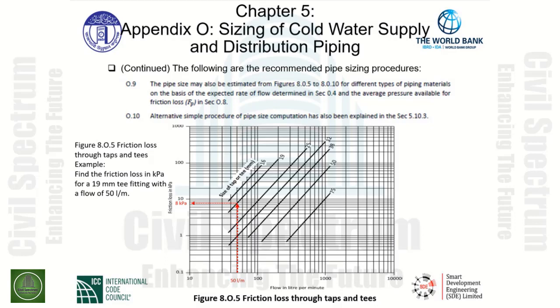Now, this particular figure that you're looking at is a logarithmic chart, and it gives us on the x-axis, or the lower level, the flow in liters per minute. On the y-axis, or the vertical axis, it gives us friction loss in kPa.